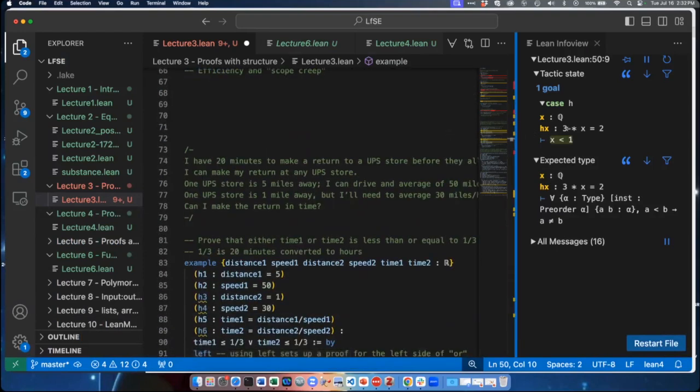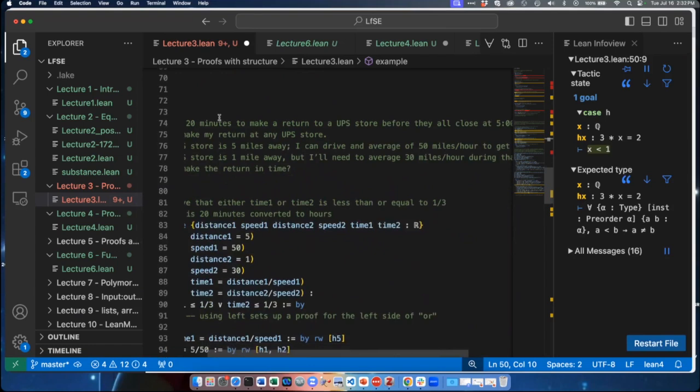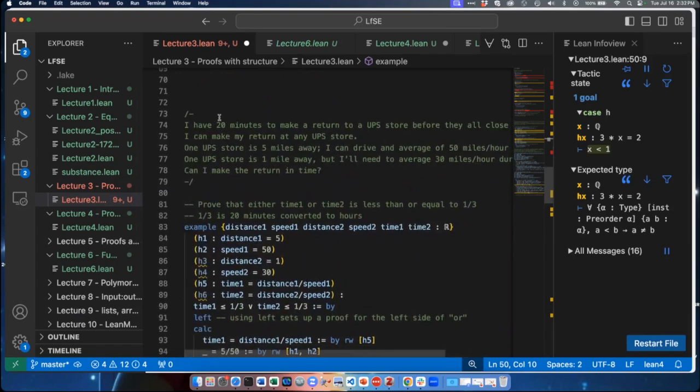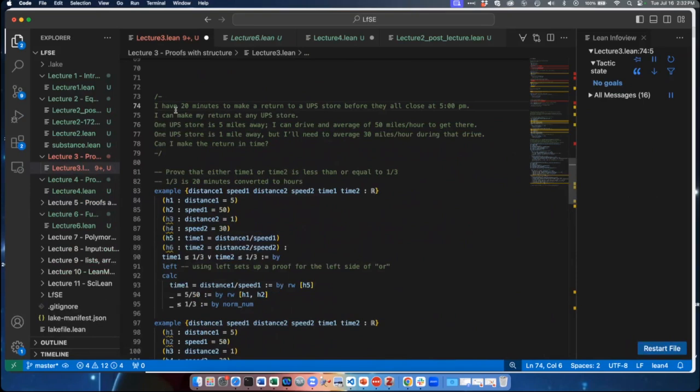Here's a little fun example. Here's an or statement. We're going to do or first, and then we're going to do and. I have to make my font size a little smaller. Okay, so I have 20 minutes, and I have to make a return to a UPS store. They all close at 5 p.m. I can get to any UPS store.